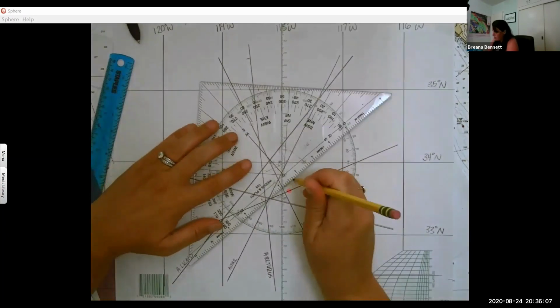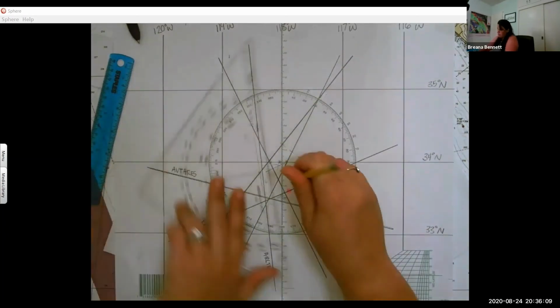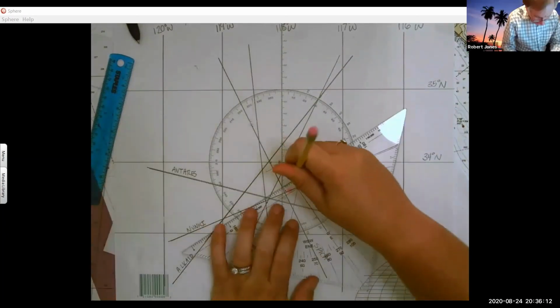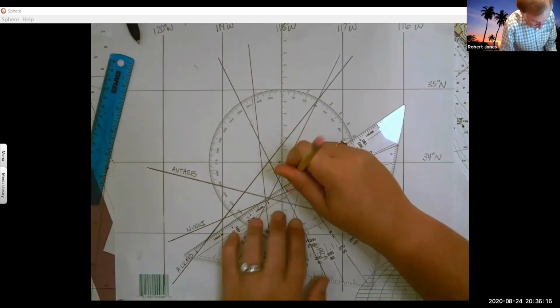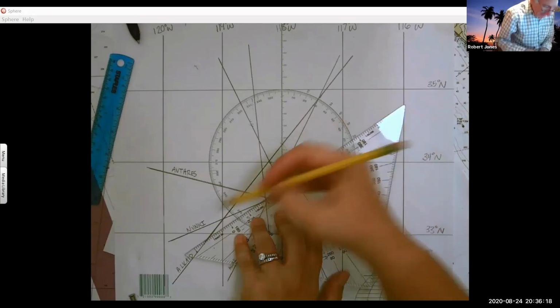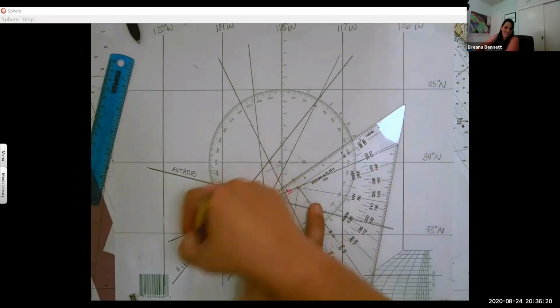This is going to confuse our false pinwheel even more. So is there such a thing as having too many points? Yes, absolutely.